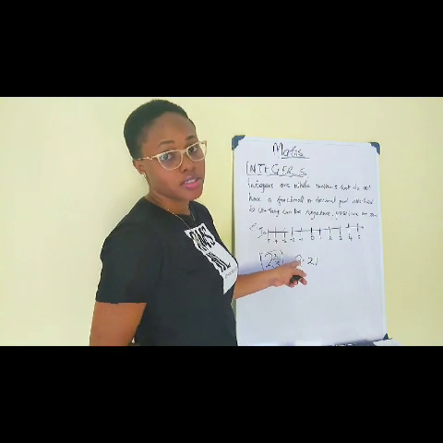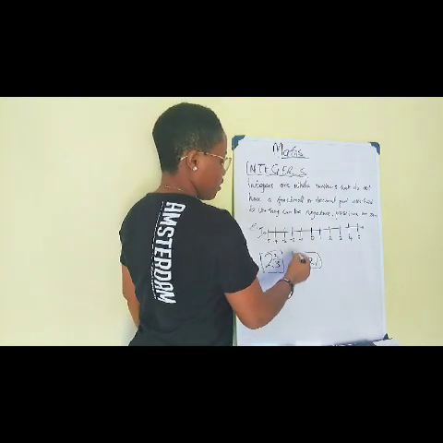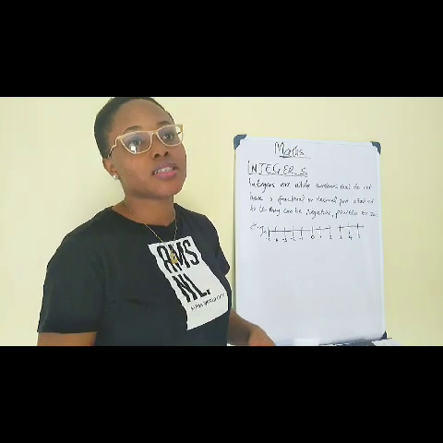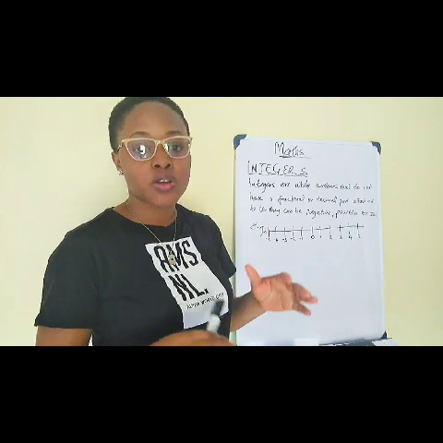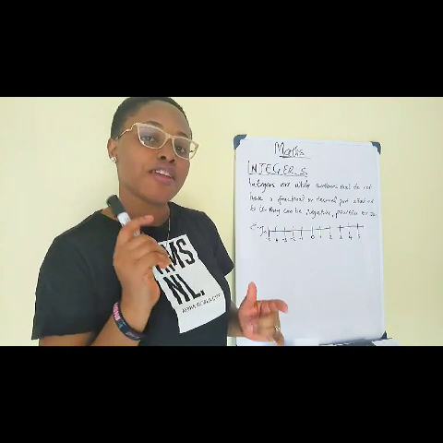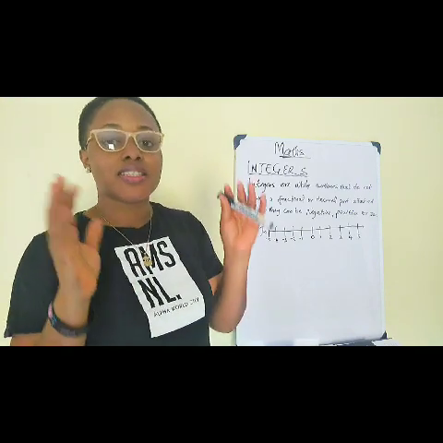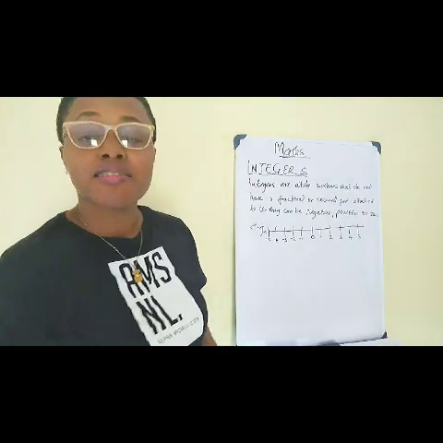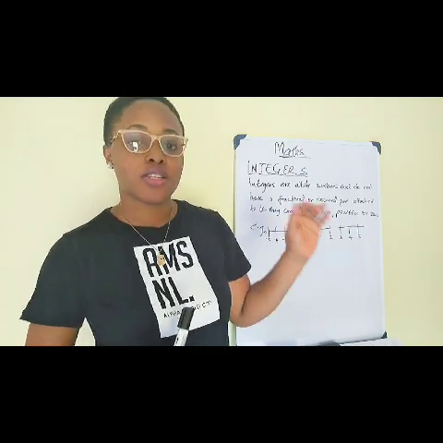This is not an integer because it has a decimal part to it. So basically, integers are just any number that you can think of, so far as it does not have a fractional part or a decimal part to it, it is an integer. Now, having said that, let's do a little bit of exercise on integers.